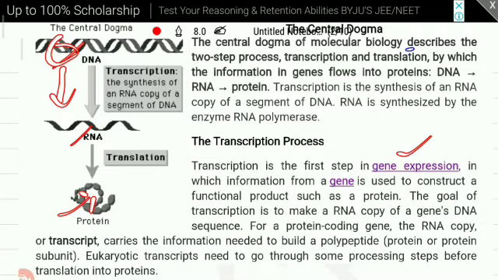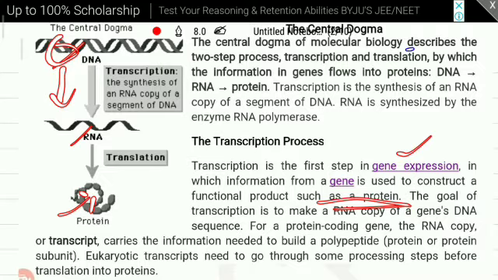So transcription is the first step in gene expression, in which information from a gene is used to construct a final product such as protein. Okay, the goal of transcription is to make an RNA copy. That is what we just have seen.